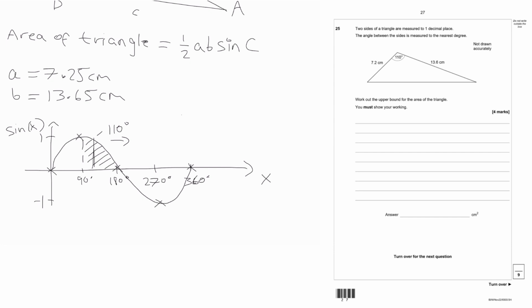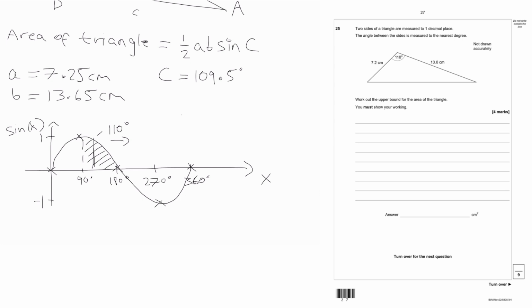So actually, for the biggest value of sine of x, we need the smaller value of the angle. So for the angle C, we want to round down.